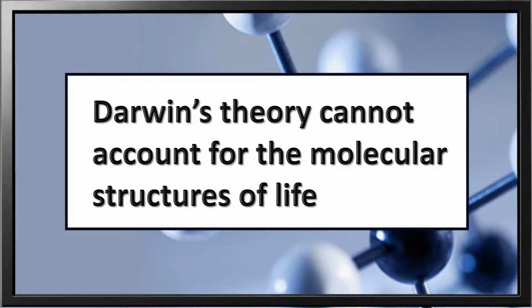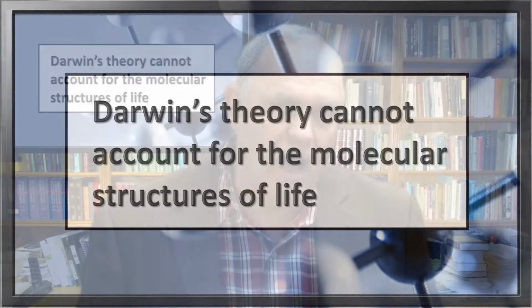I hope we've made it fairly clear that Darwin's theory really doesn't account for the molecular beginnings of life. Is there anybody question that? If you've been with us since day one, if you've been watching the YouTube videos, we've made it pretty clear that Darwin's theory doesn't really account for the molecular structures of life.